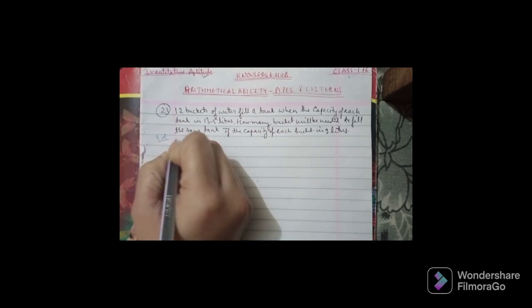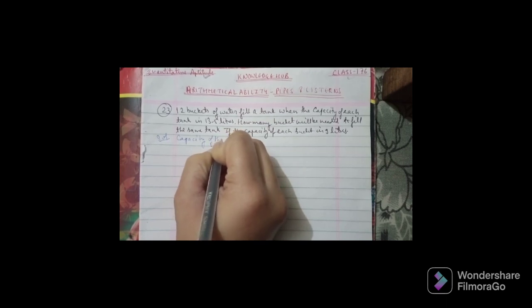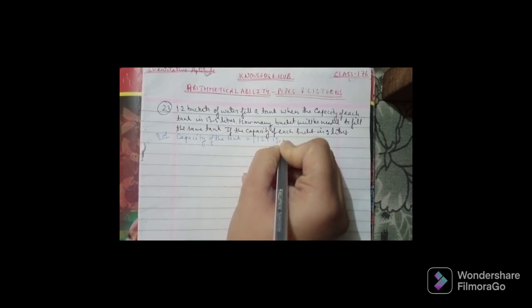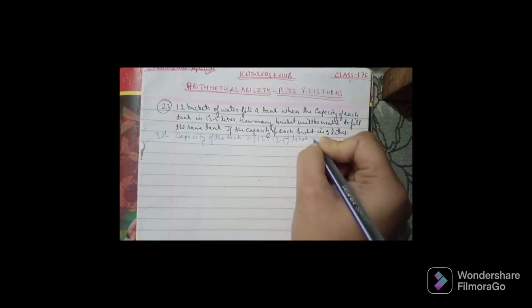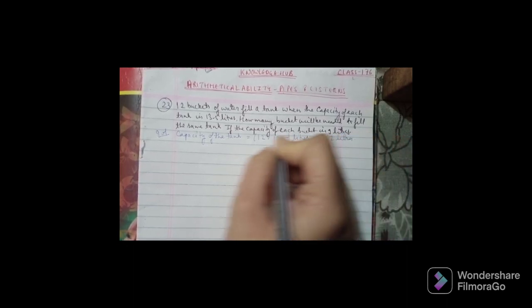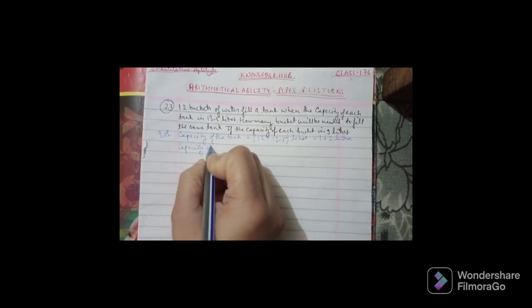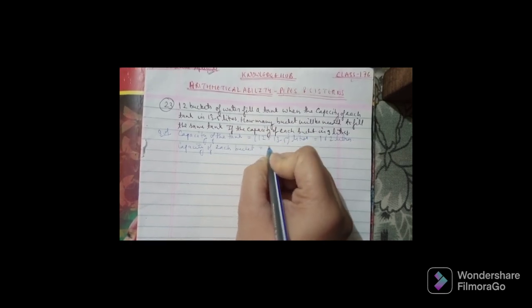Capacity of the tank equals 12 into 13.5 liters, which equals 162 liters. Capacity of each bucket equals 9 liters.